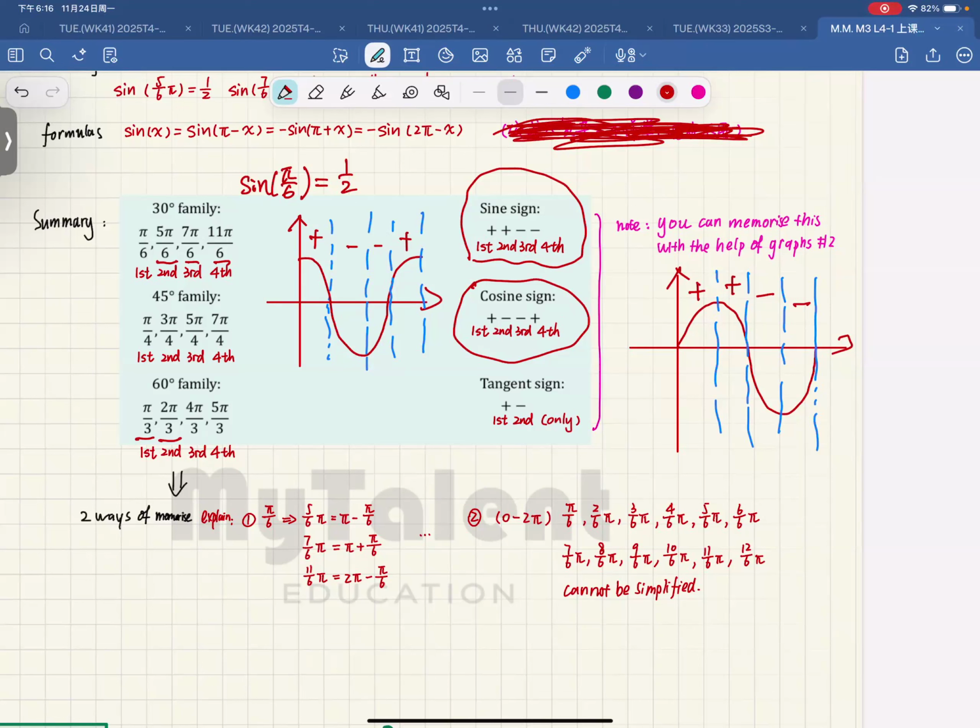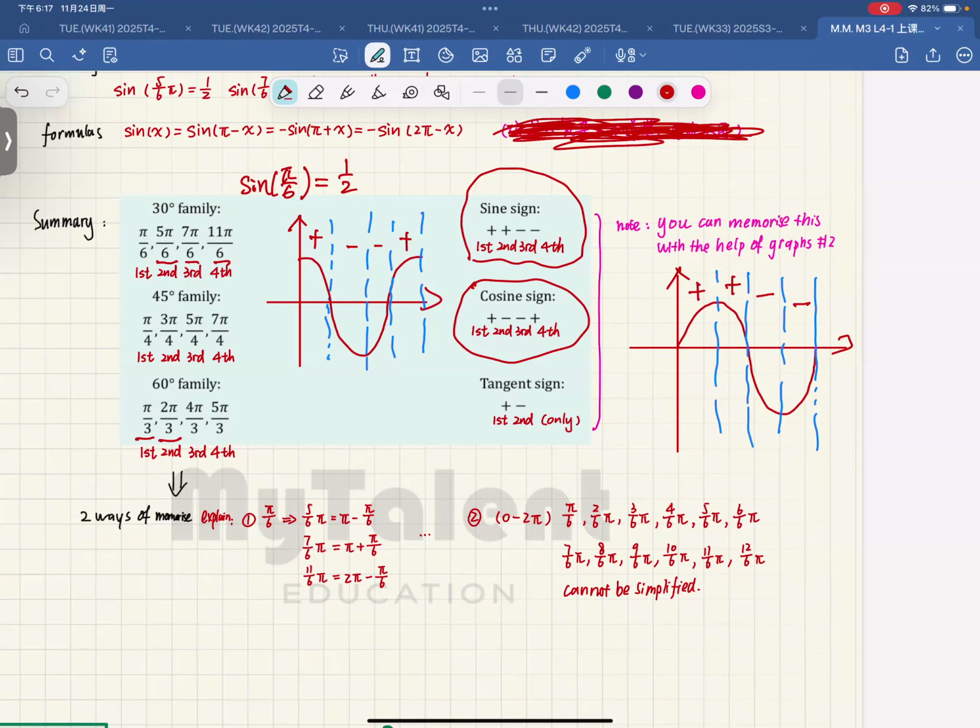Let's say 3 pi over 4 is somewhere here, positive. Pi over 4 is somewhere here. They have different x values, but the y value is the same.